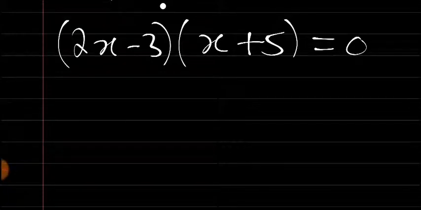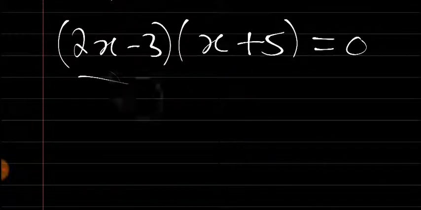Now, what we have to bear in mind, right, is that we want to try and make at least one of these brackets 0, because 0 times any number, no matter what it is, you can times 0 by infinity, and it's still going to give 0, times by negative infinity, and you're still going to get 0. And that's what we're aiming for. And we can do this by solving these brackets individually, by equating each bracket to 0.